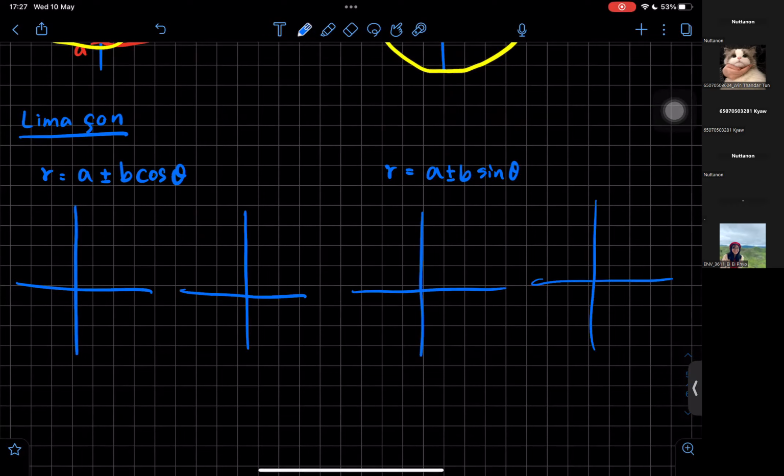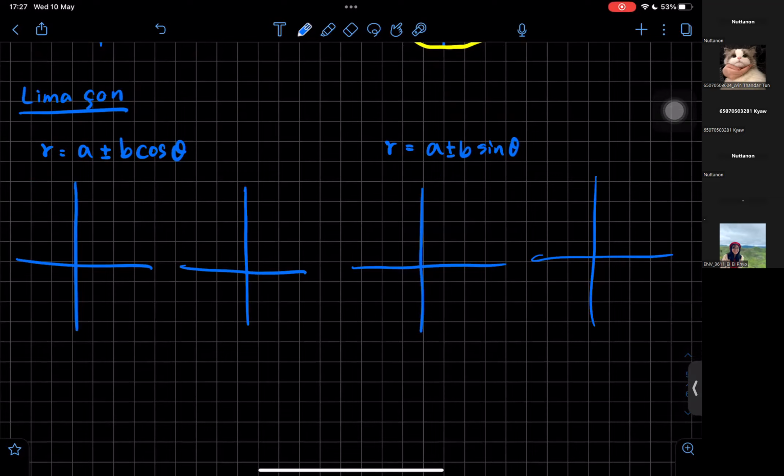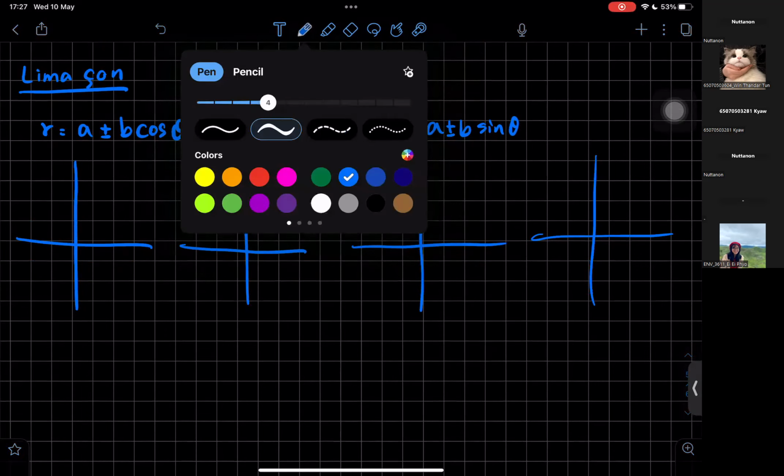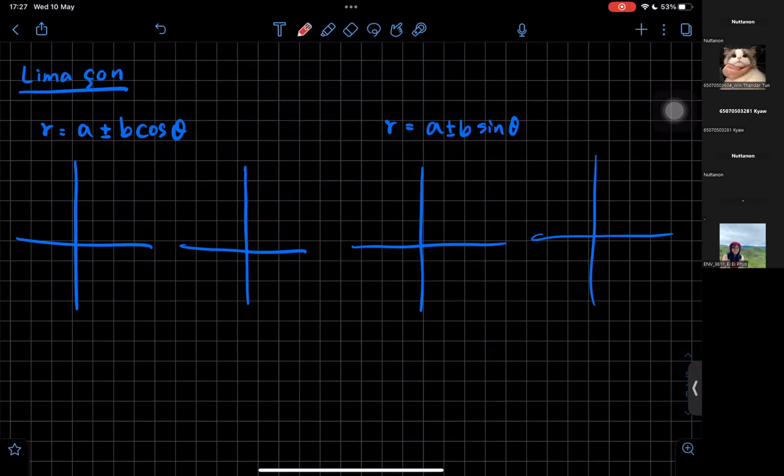They are called the dimpled limaçon and the just limaçon. So it will be like this one, something like this.